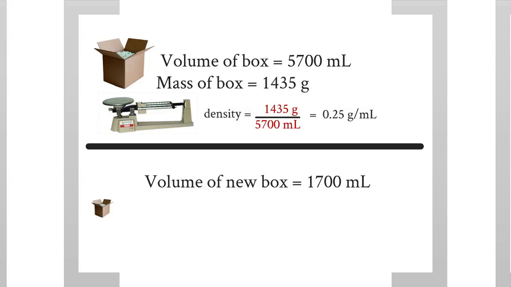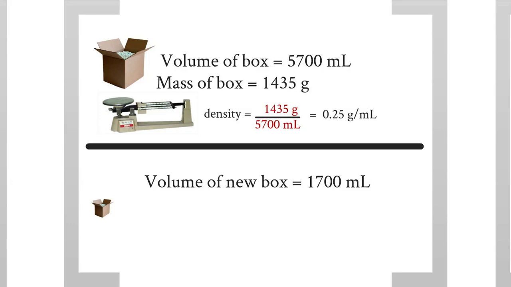So we're going to take all of our packing peanuts and we're going to put them in a smaller box. And since these are made out of those little plastic things, we can squeeze them in there and we can crush them all in there so that they all fit into a tiny new box. Now, the volume of our new box takes up a lot less space. It's only 1,700 milliliters. The old box was 5,700, but the new box was 1,700.